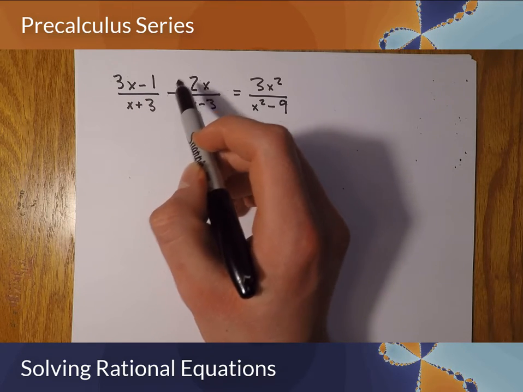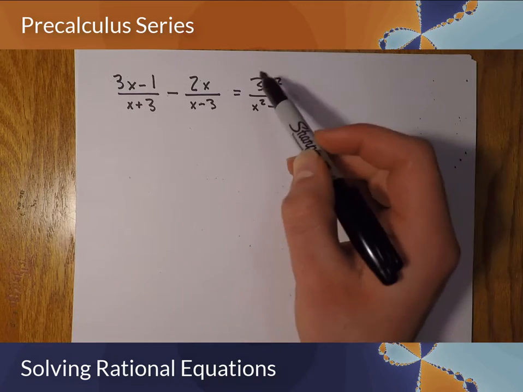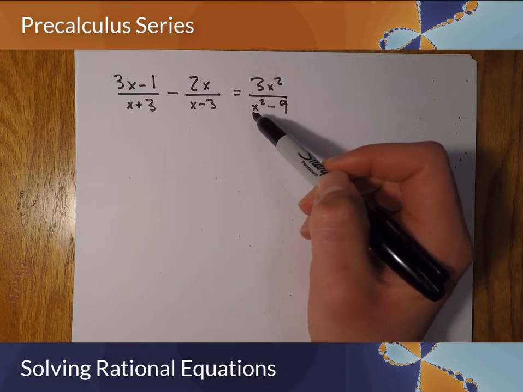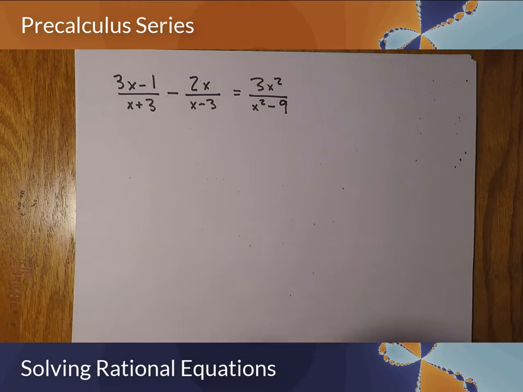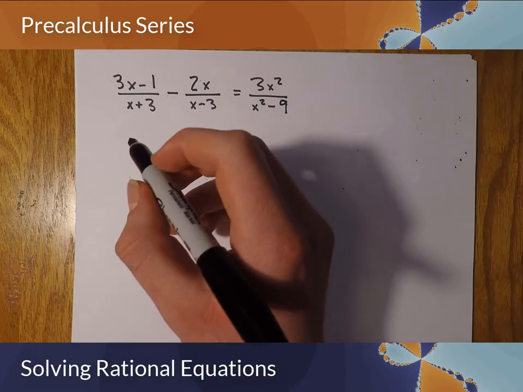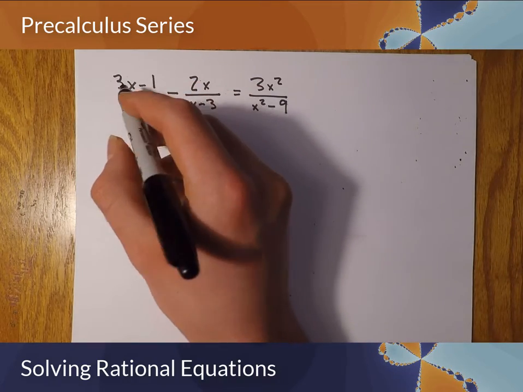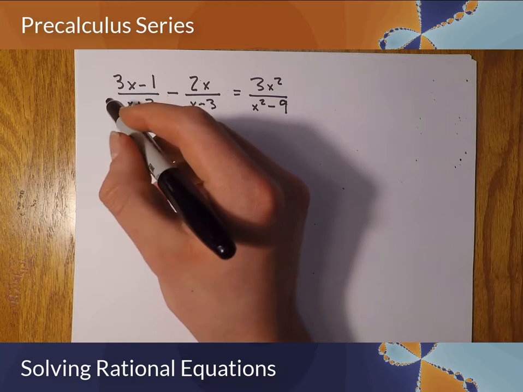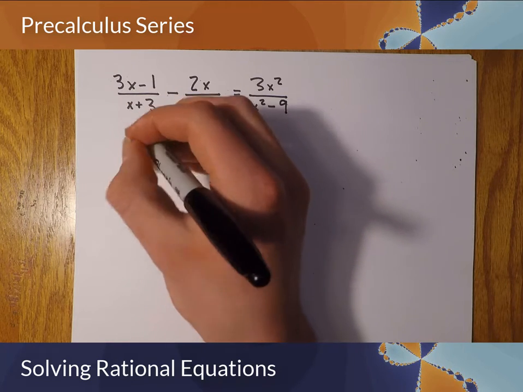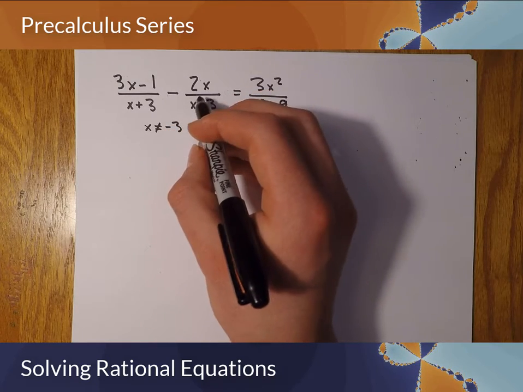So for my final example here, we're going to solve 3x minus 1 over x plus 3, minus 2x over x minus 3, equals 3x squared over x squared minus 9. Before we get started, we need to find where our discontinuities are, where the whole thing is undefined. In the denominator here, it's undefined when x is equal to negative 3. So x cannot be negative 3.